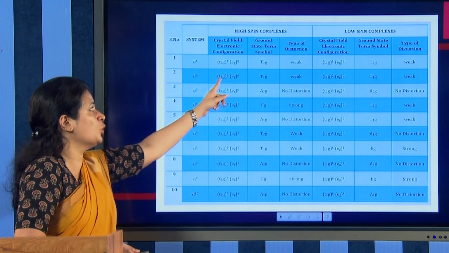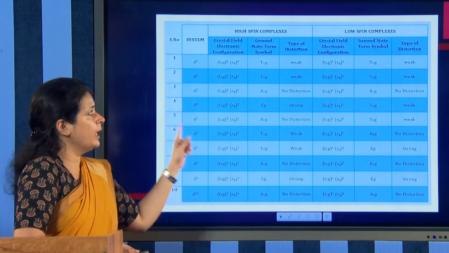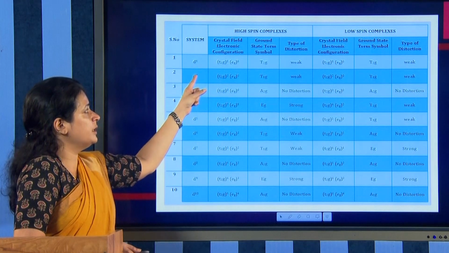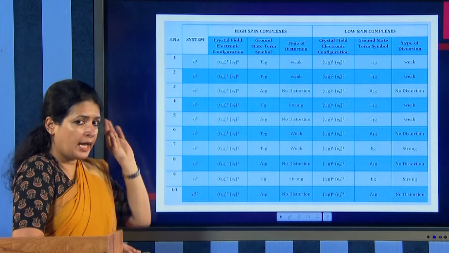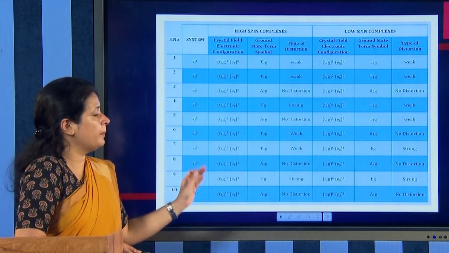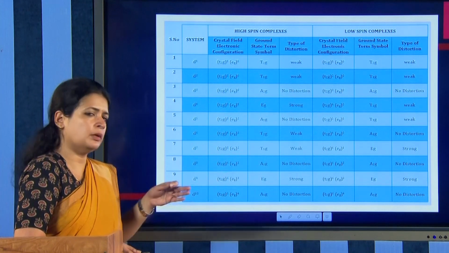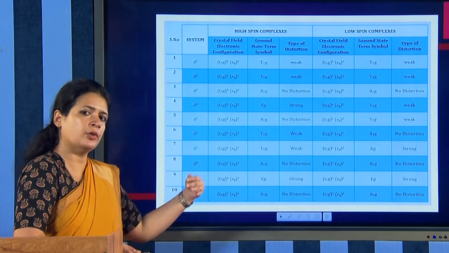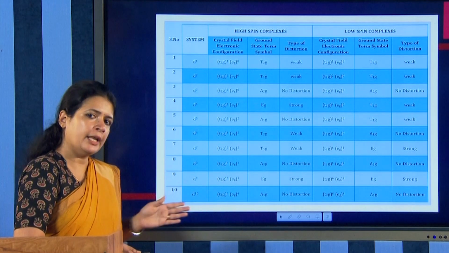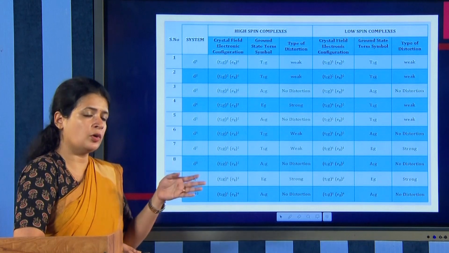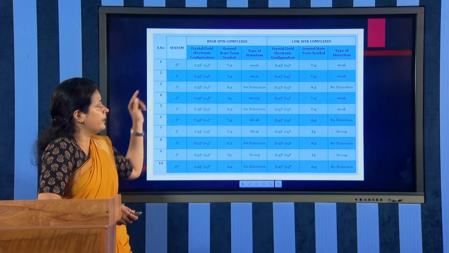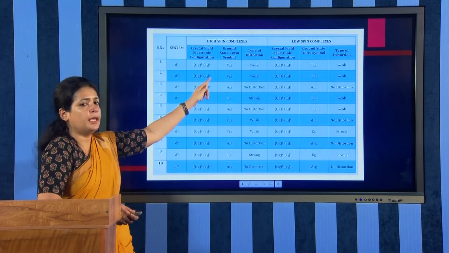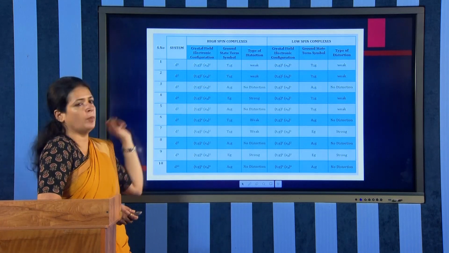That is why there is a degeneracy in the d1 system: the single electron may occupy the dxz, dyz or dxy orbital, because these three orbitals have degenerate energy. That is why there is a weak distortion in that complex.